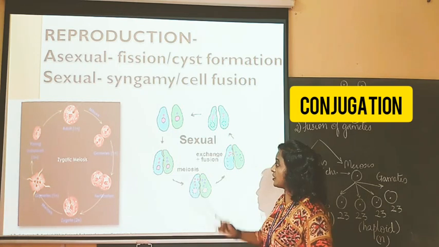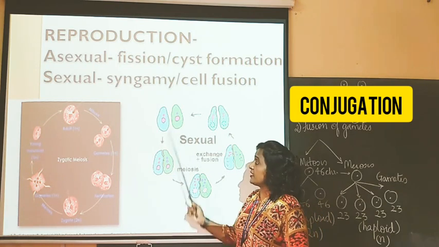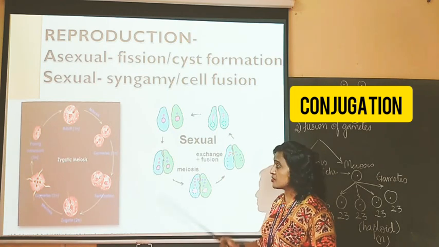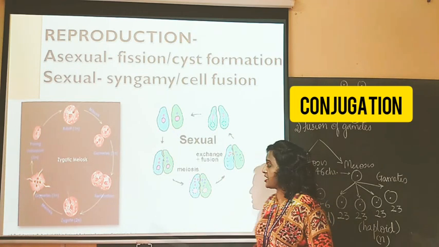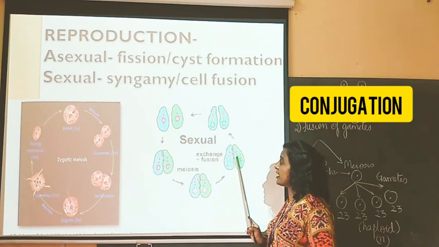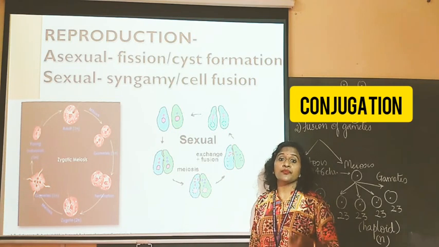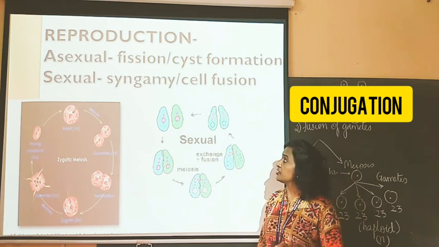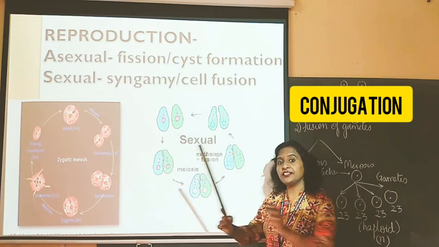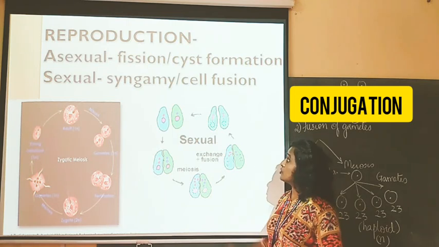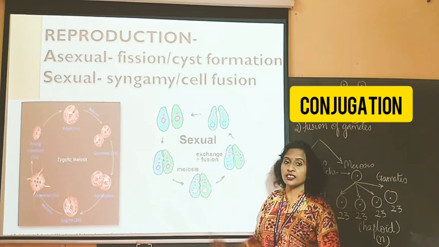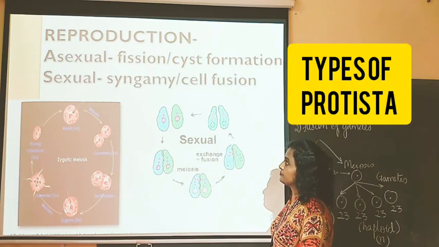The organisms undergo meiotic division within the cell. There is nuclear division, then there is exchange of DNA or genetic material between the two organisms, and they get detached from each other. That is cell fusion or conjugation.